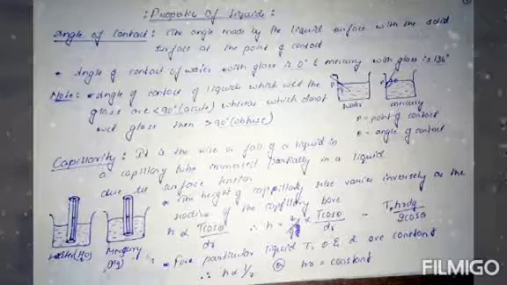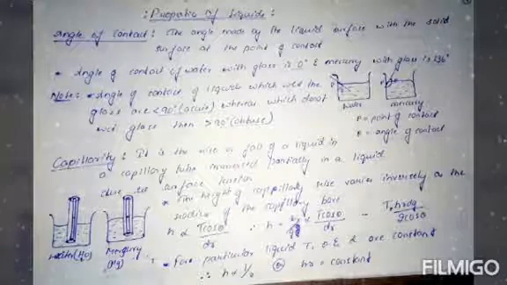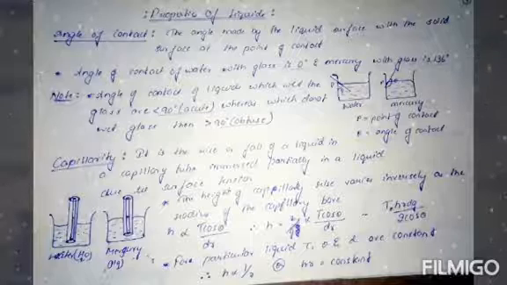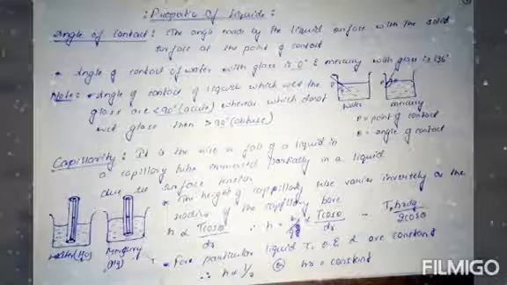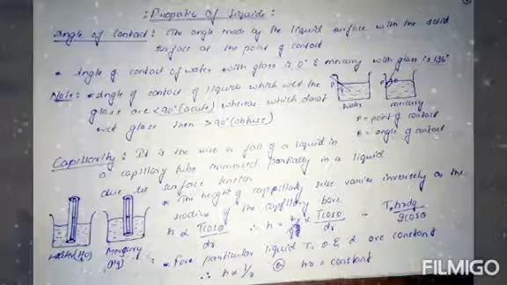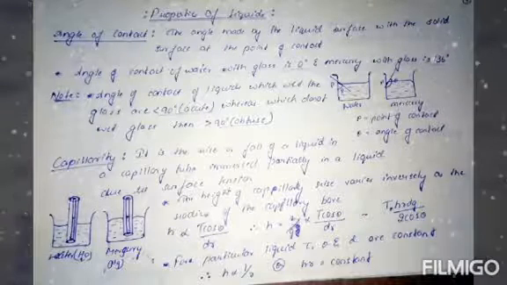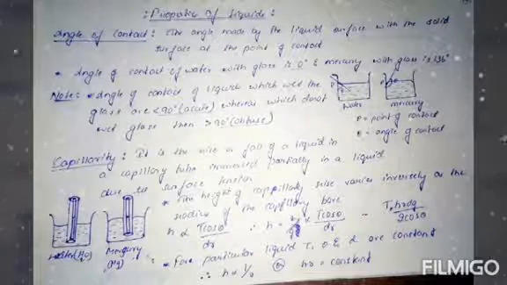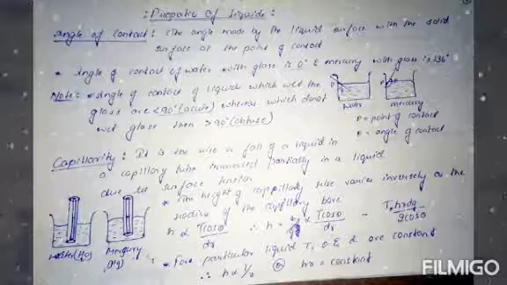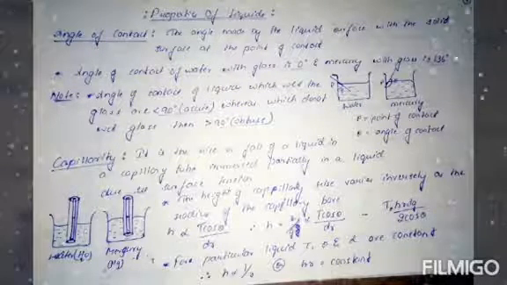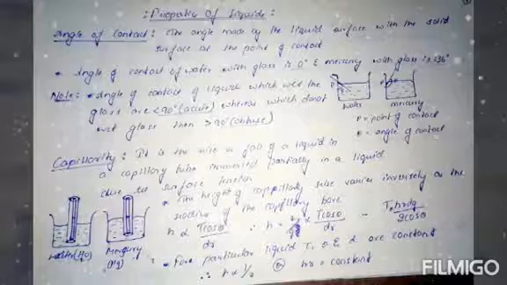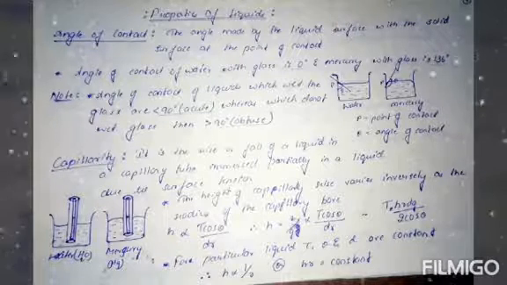Take the example of water and mercury. You can go through the diagram there: water forms a concave shape, whereas mercury forms a convex shape. You can see the theta there, and that is how the angle of contact is measured.